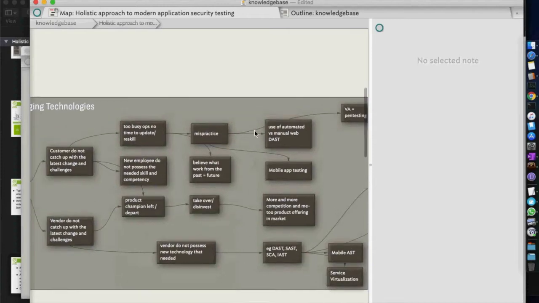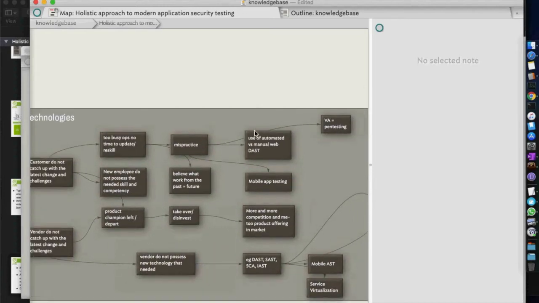In reality, as you know, they have a perception that the vulnerability assessment report generated from whatever brand of scanner is equivalent to pen testing. Right? Even then, they don't even know how to exploit the vulnerabilities mentioned, and so on.